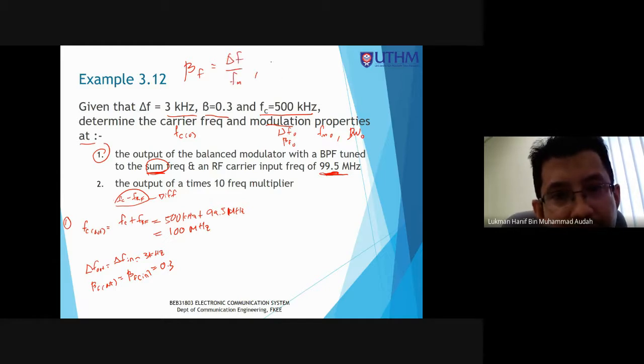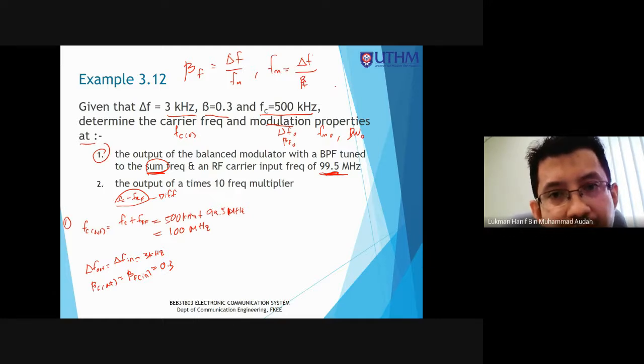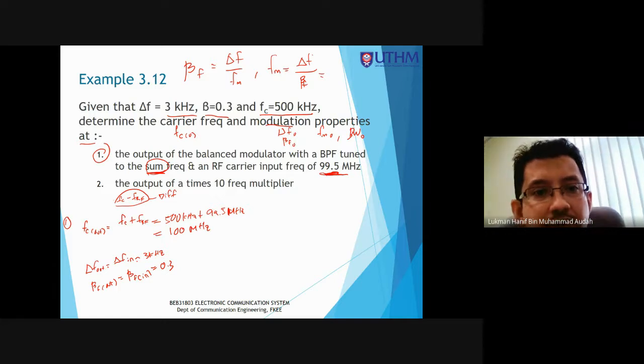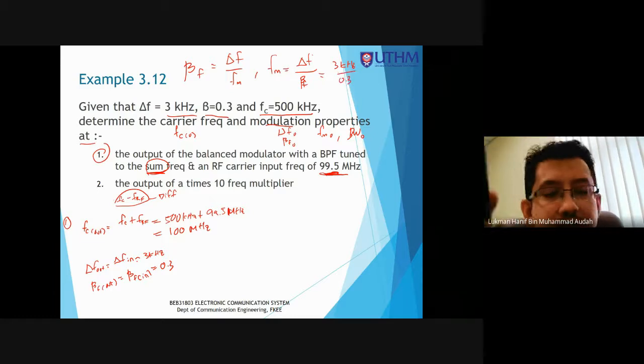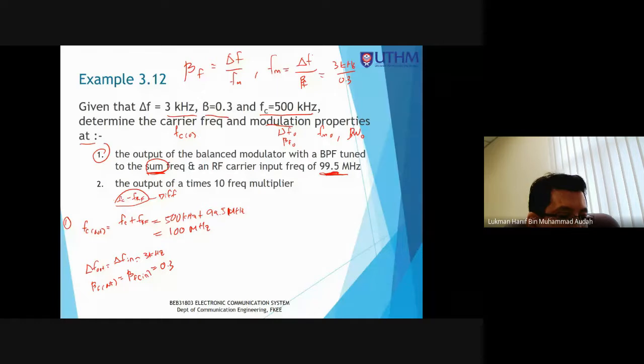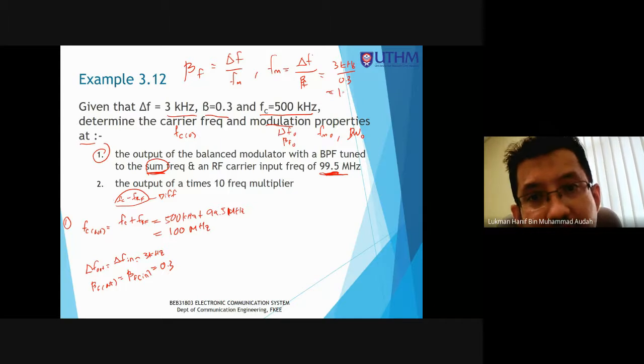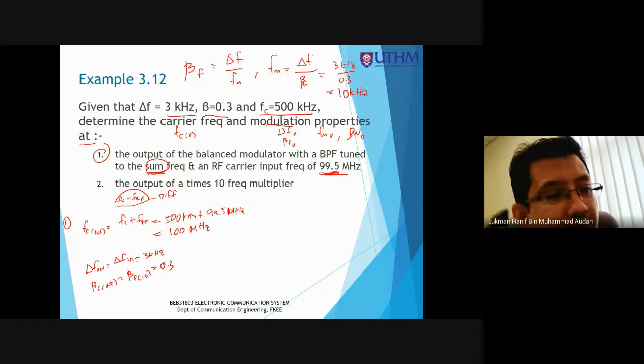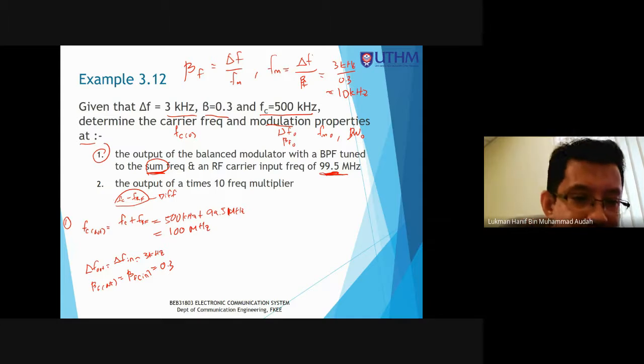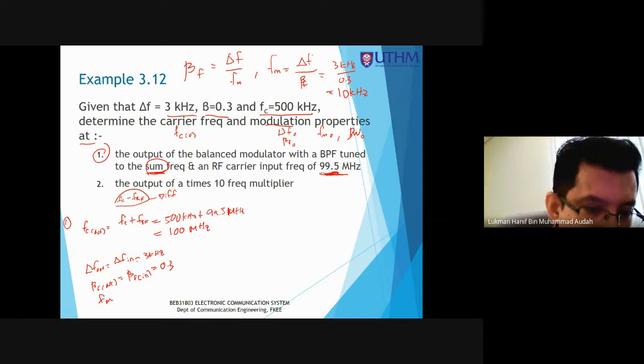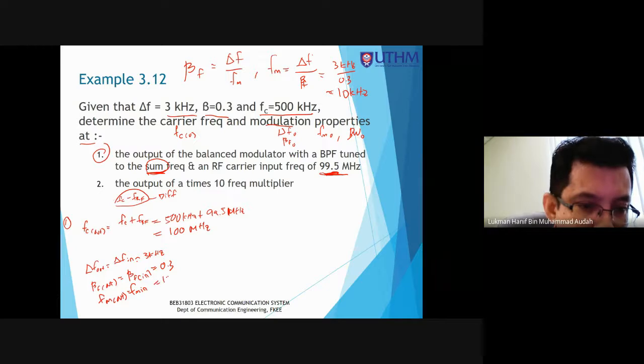So if you want to find FM, modulating signal frequency is equal to delta F over beta F. Okay, so this is actually equal to 3 kilohertz divide with 0.3. So 3 bahagikan dengan 0.3, you akan dapat 10. So you get 10 kilohertz. Okay, so 10 kilohertz, that means FM out is equal to FM in, which is 10 kilohertz.